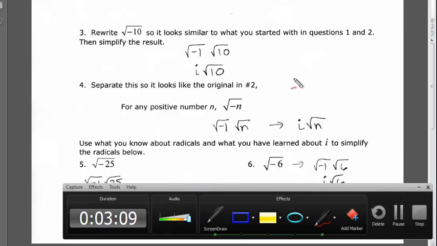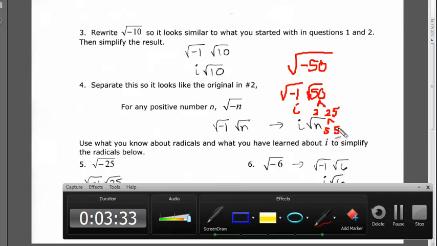So if you had something like square root of -50, that breaks down to square root of -1 and square root of 50. That's definitely the I, but if we break down 50, that's 2 times 25, and 25 is 5 times 5, so we can also pull out a 5.